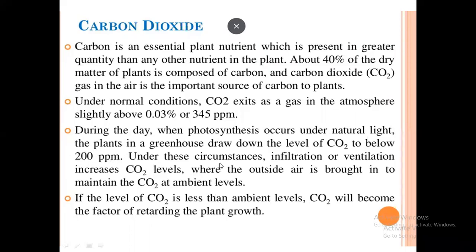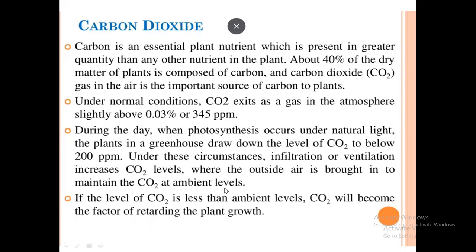Under this condition, infiltration or ventilation increases the CO2 level, where outside air is brought in to maintain the CO2 at ambient level.